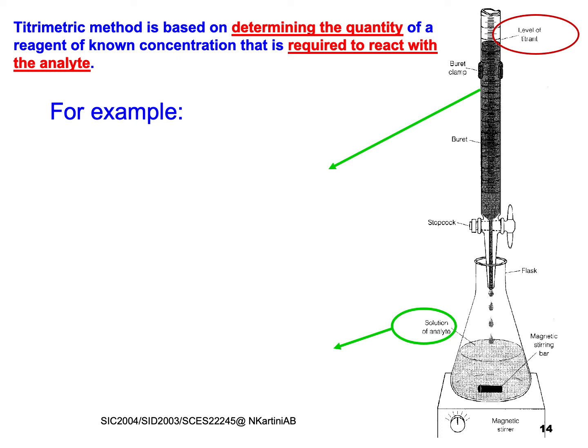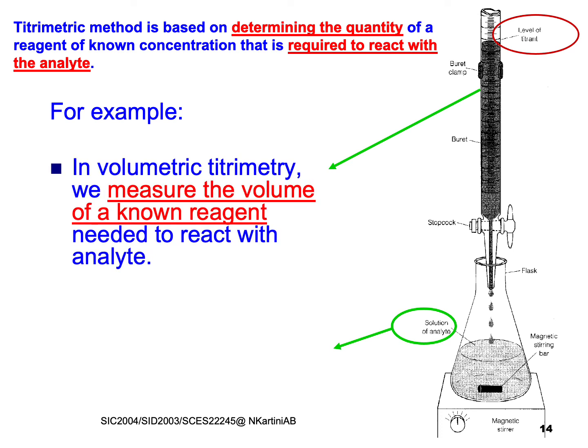In this titrimetry technique, we determine the quantity of reagent of known concentration that is required to react with the analyte. In this case, you can see here that this is a burette.